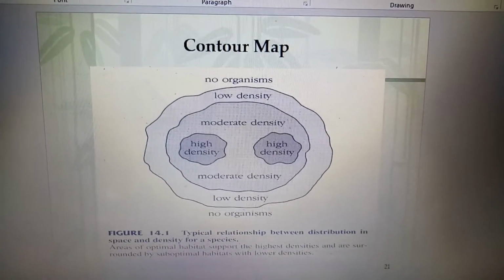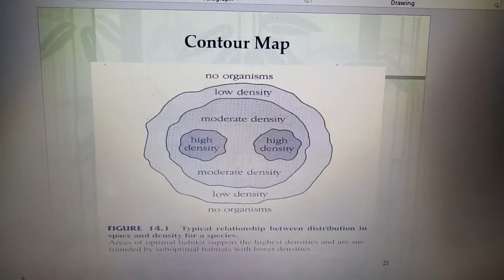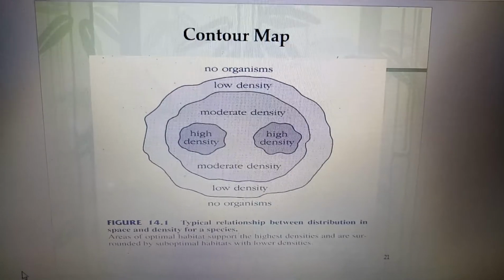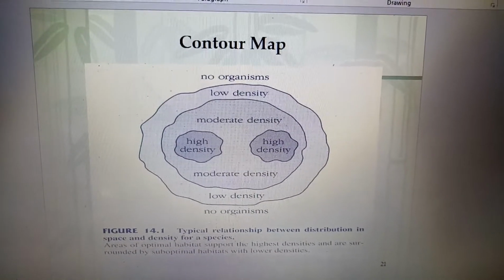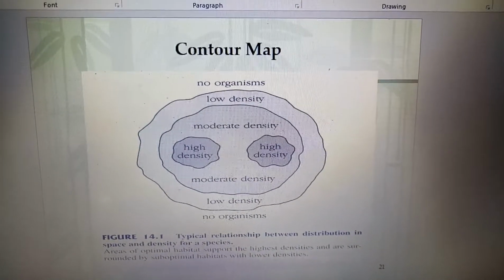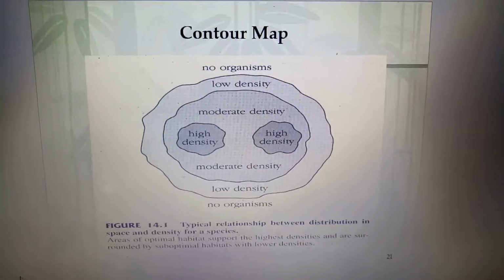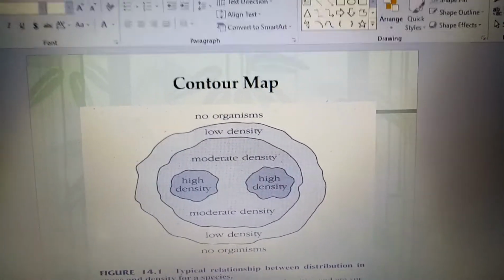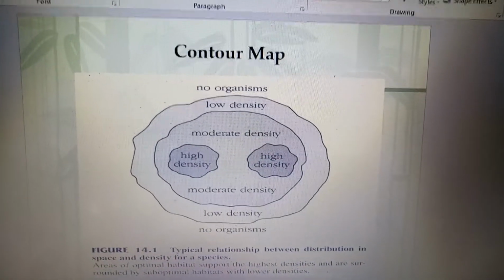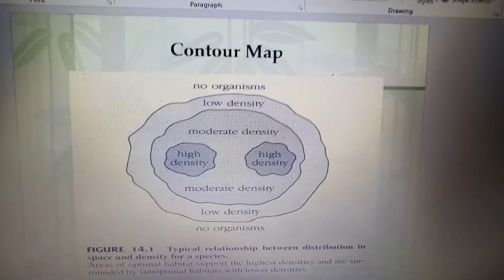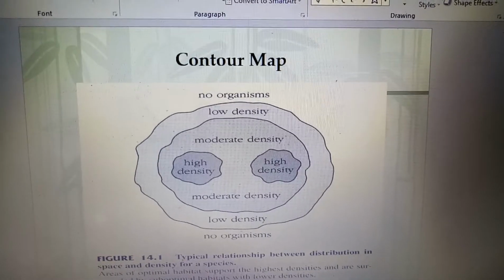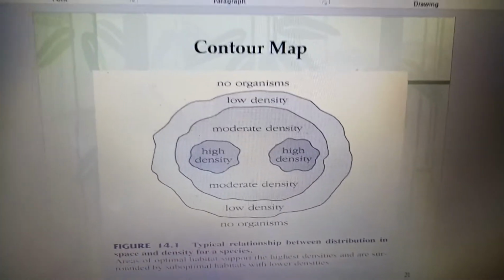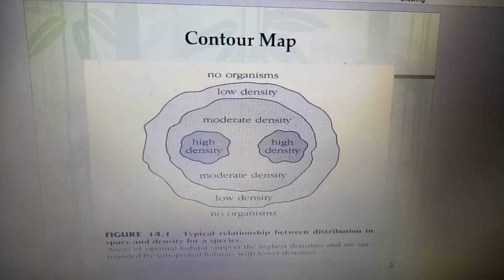Areas of optimal habitat support the highest density and are surrounded by suboptimal habitats with lower densities. Outside the circle there are no organisms, followed by low density, then moderate density in the middle, and the small round in the middle is high density.